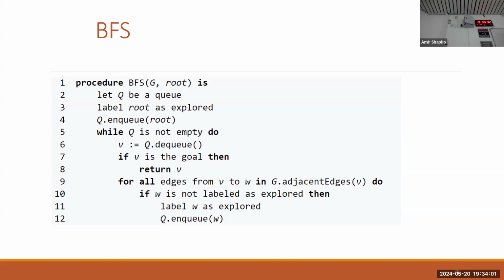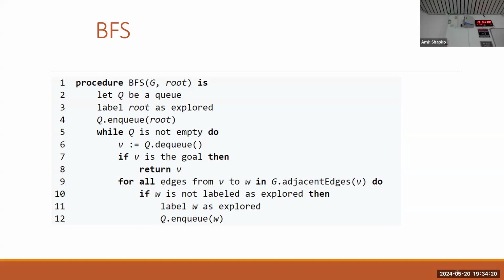While the queue is not empty, first we take a vertex out of the queue. If it's the goal, then we return this vertex.